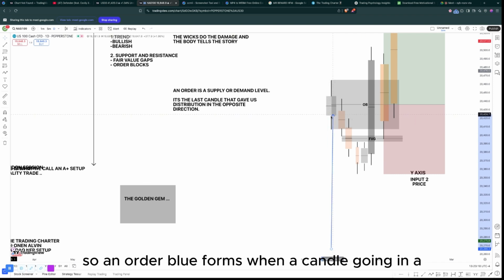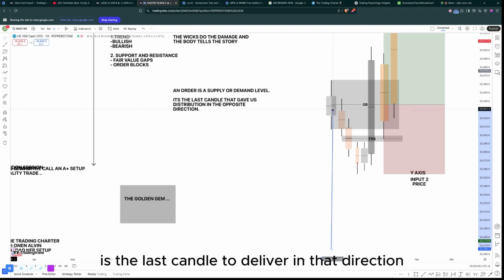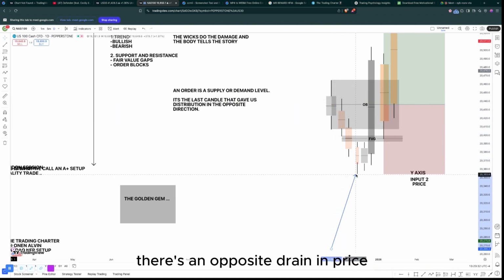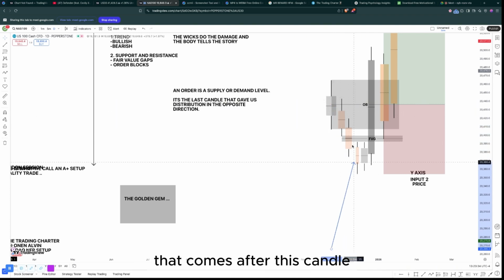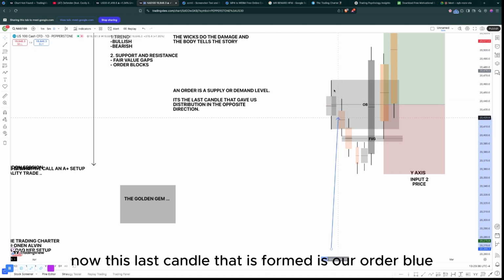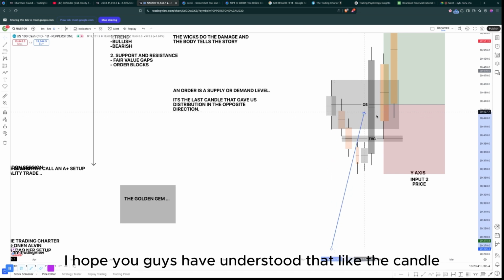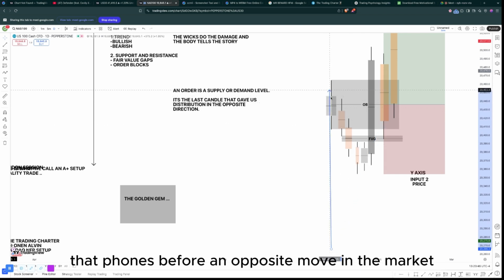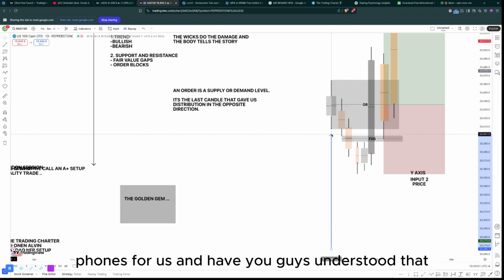So an order block forms when a candle going in a stipulated direction is the last candle to deliver in that direction. Then what comes after it? There's an opposite drive in price that comes after this candle. Now this last candle that is formed is our order block. I hope you guys have understood that. Like the last candle that forms before an opposite move in the market forms for us an order block. Have you guys understood that?